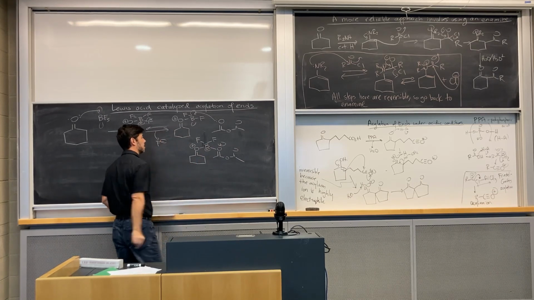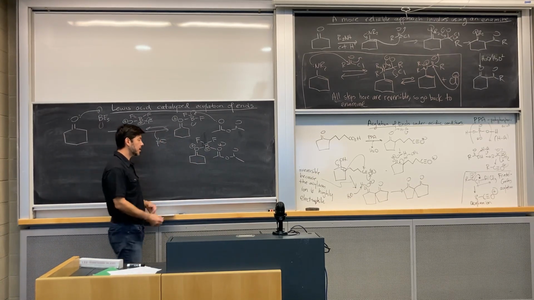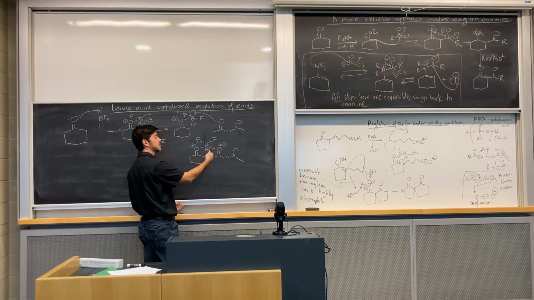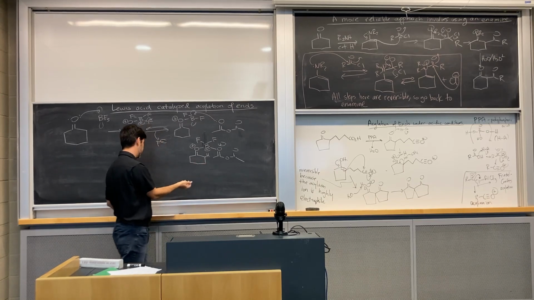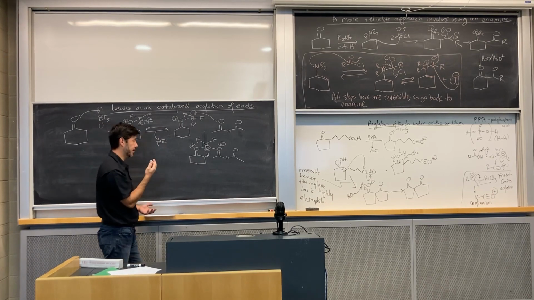Okay, so kind of a funny looking structure. So what can happen now is that you have this positively charged structure, and we're going to form an enol, just like we had done over there, because we have a positively charged structure. Okay, so just some sort of weak base in solution would be able to do that.